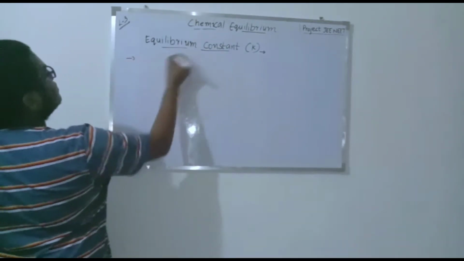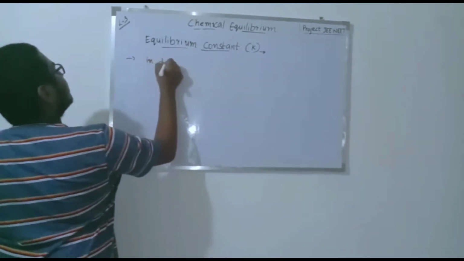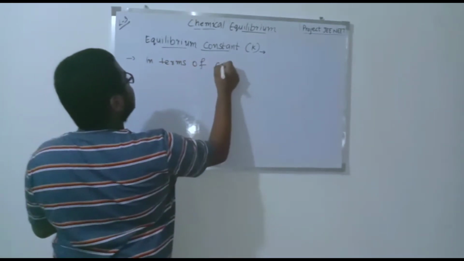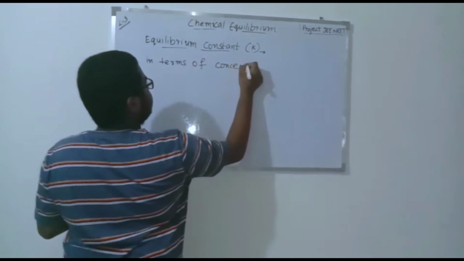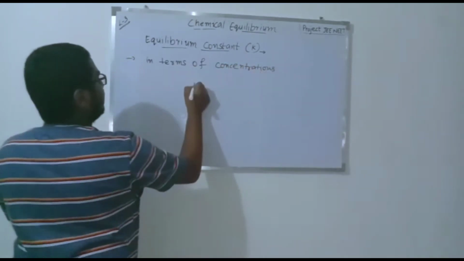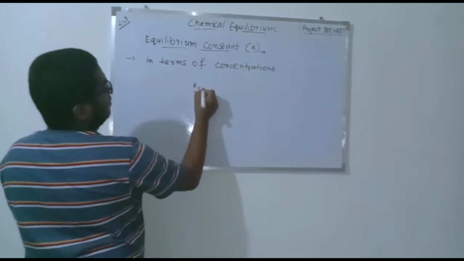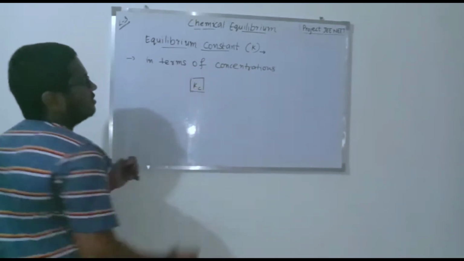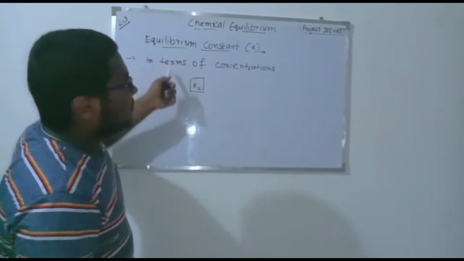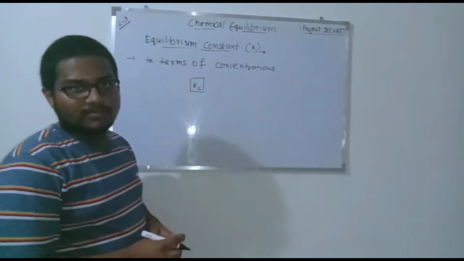Equilibrium constant in terms of concentrations is generally denoted by K suffix C.